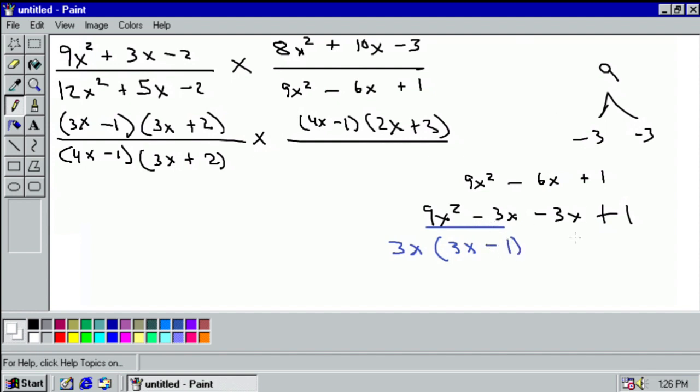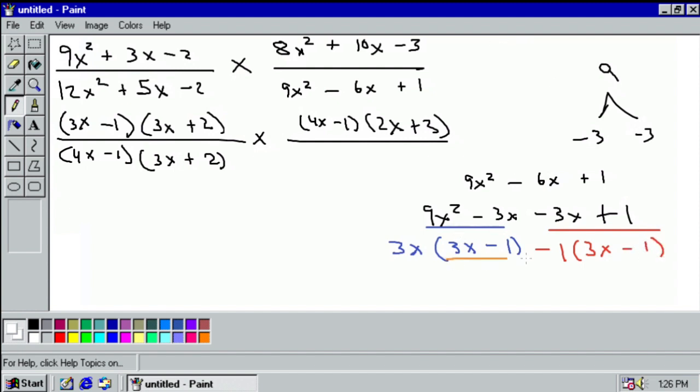And for this part, we can have negative 1. And 3x divided by negative 1 is negative 3x, and 1 divided by negative 1 would be negative 1.